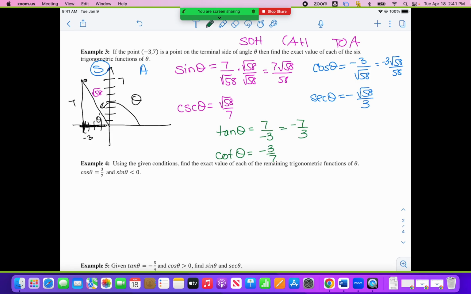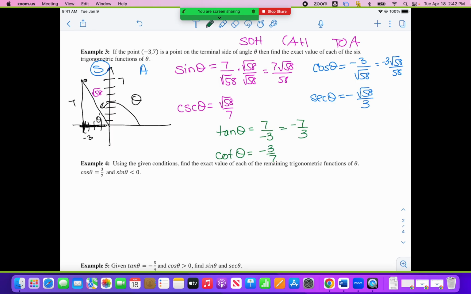If I have a point in the fourth quadrant, the triangle is going to go perpendicular to the x-axis. Never ever am I drawing it to the y-axis. Then find the hypotenuse by doing a squared plus b squared equals c squared. And then you do SOHCAHTOA. That's it. Okay?